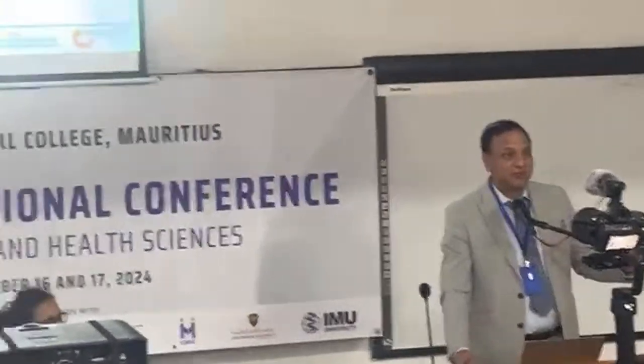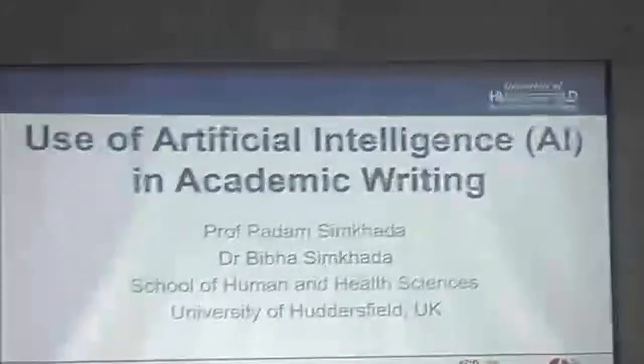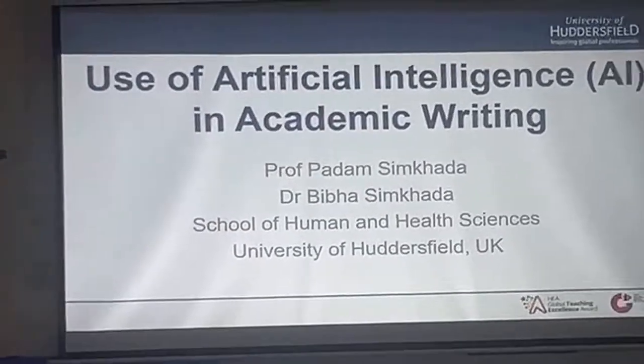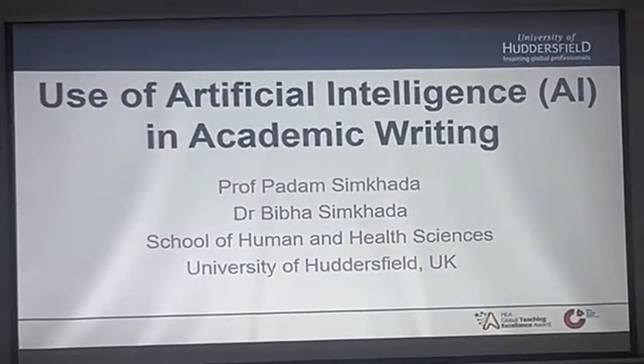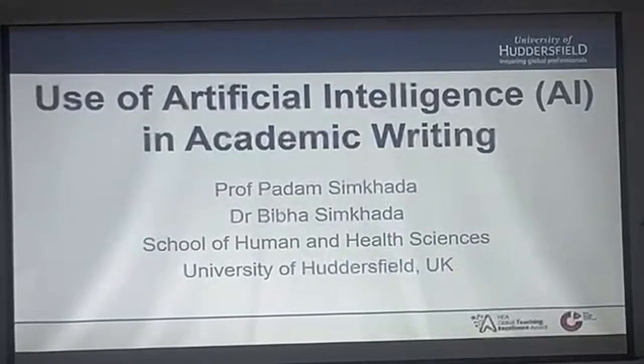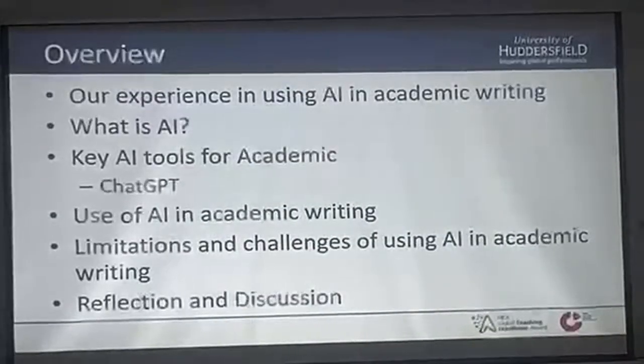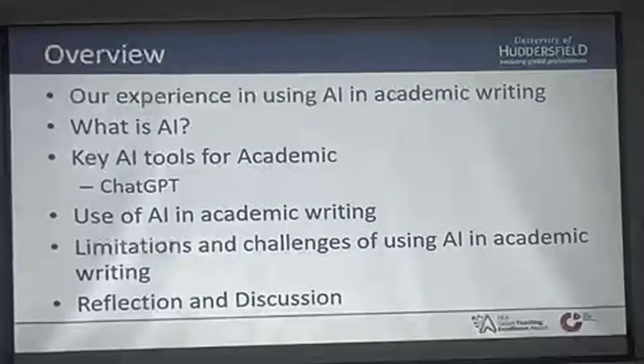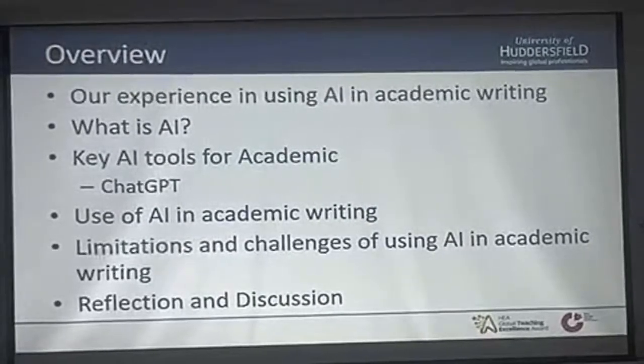When ChatGPT was first announced in November 2022, it was very new to everyone. So it's a learning area. What we want to cover in the next 20 minutes is to share our experience on using AI in academic writing.